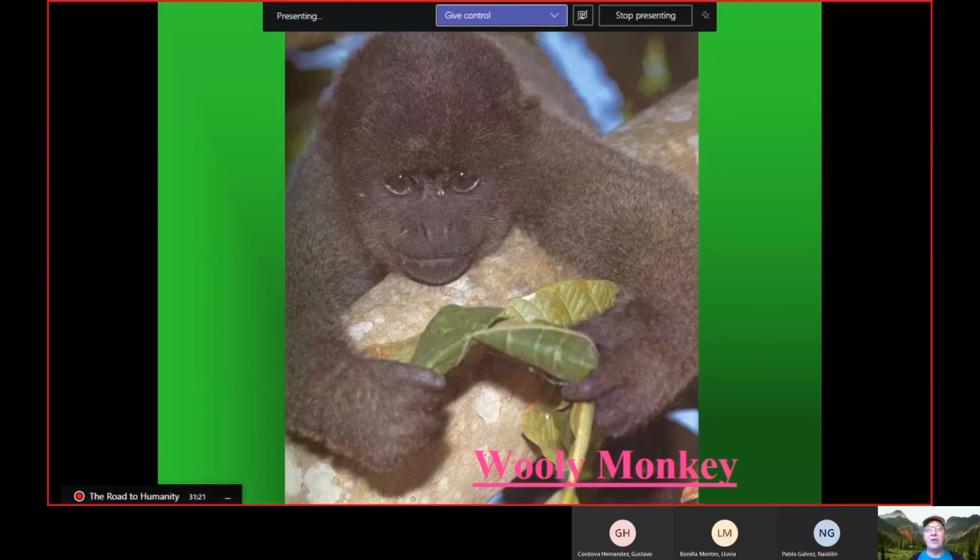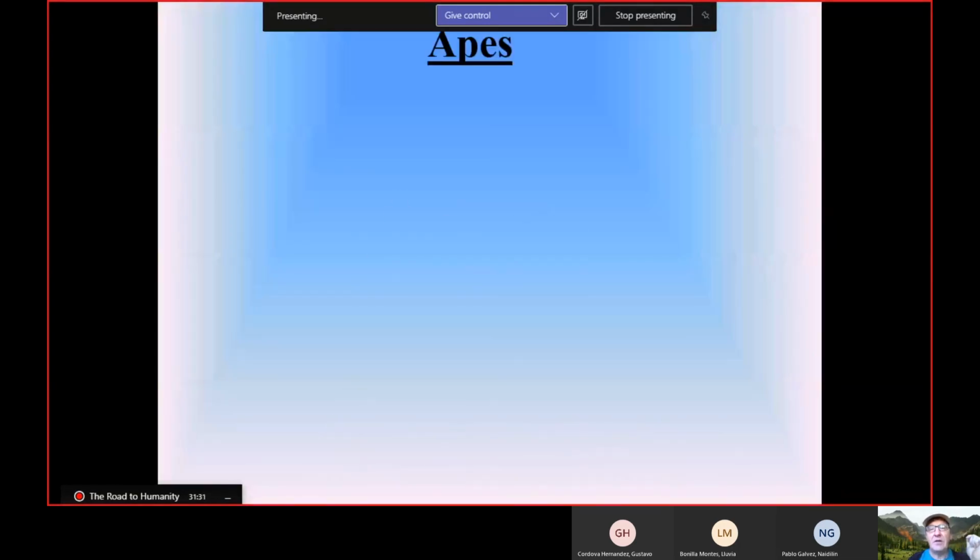Here's another baby South American monkey, the woolly monkey, really thick fur. And now we move on to the apes. So the apes are only found in Africa and Asia. If you noticed, when I was describing characteristics of New World and Old World monkeys, it seemed like we shared more things with the Old World monkeys than the New World monkeys.